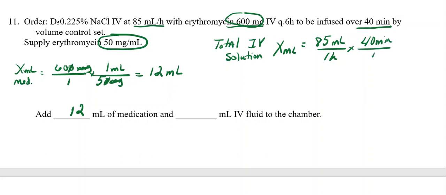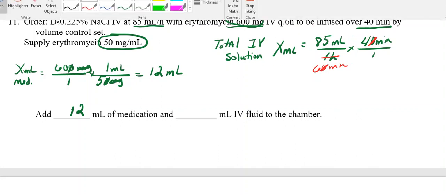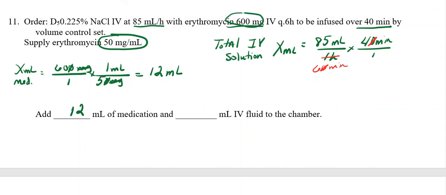So again, I'm going to change my 1 hour to 60 minutes. And I know the zeros cancel.